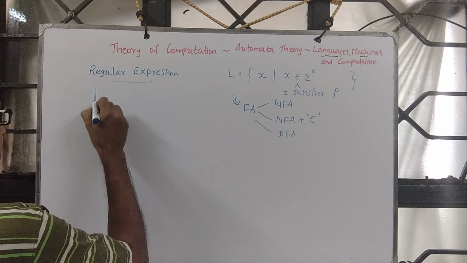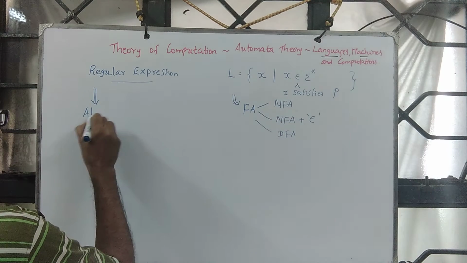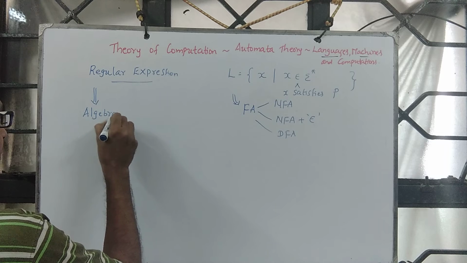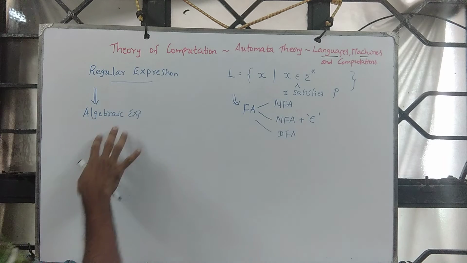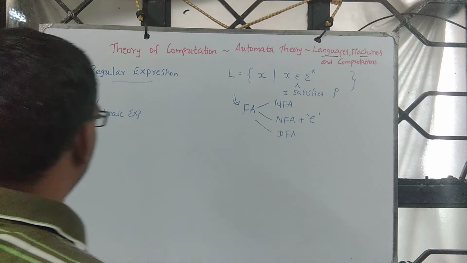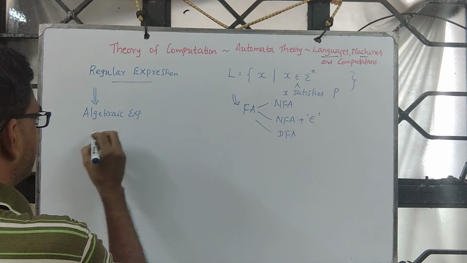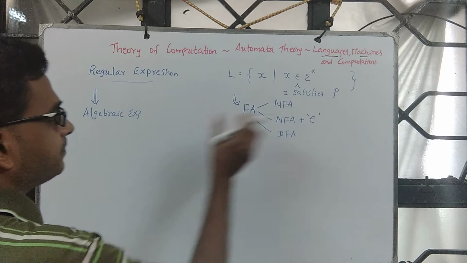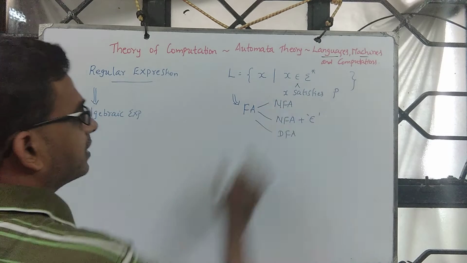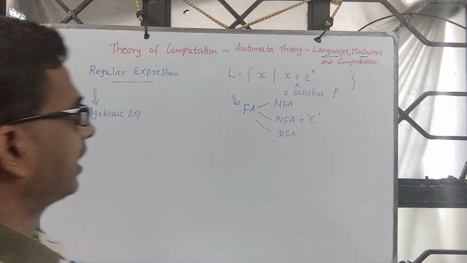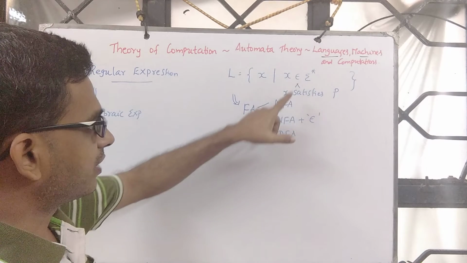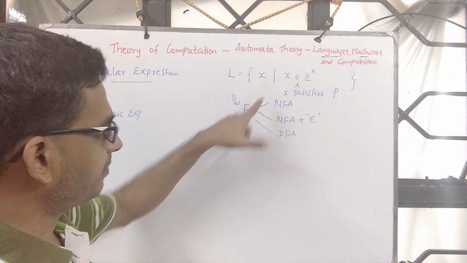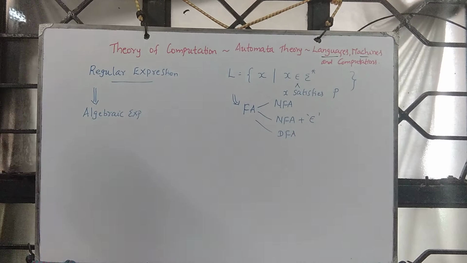So regular expressions are algebraic expressions, and what is the objective of this expression? This algebraic expression expresses strings present in L, in particular strings that are accepted by finite automaton.